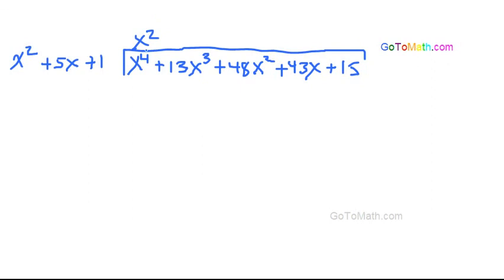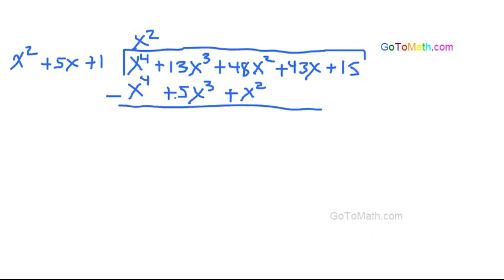Scroll down a little bit. So that's going to make that x to the fourth plus 5x cubed plus x squared, right? We're just multiplying x squared times x squared, times 5x, and times 1, as you can see here.